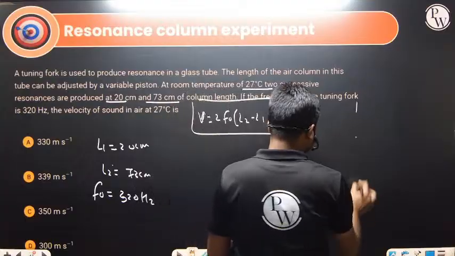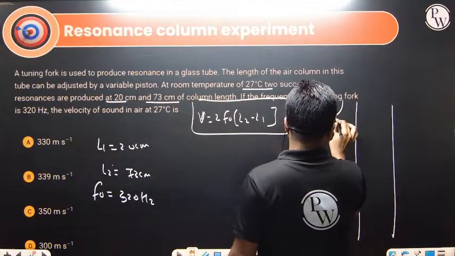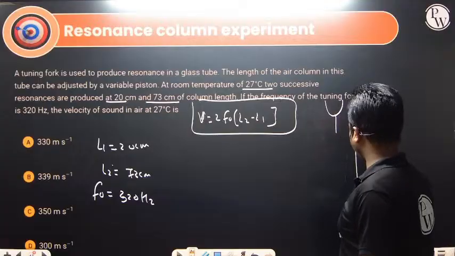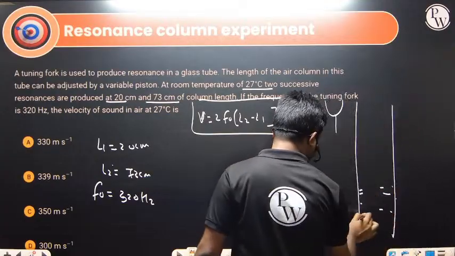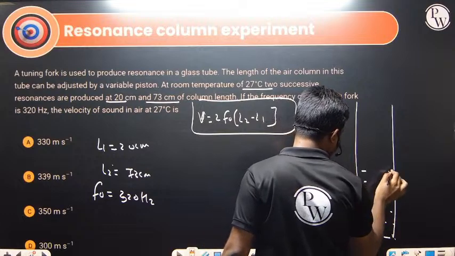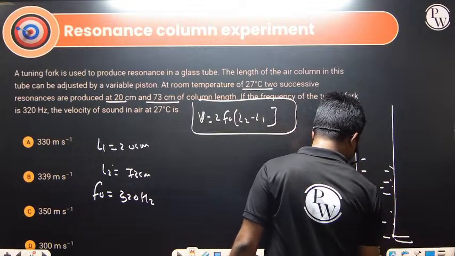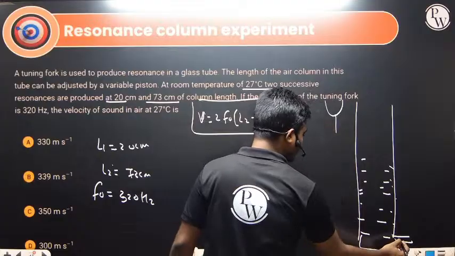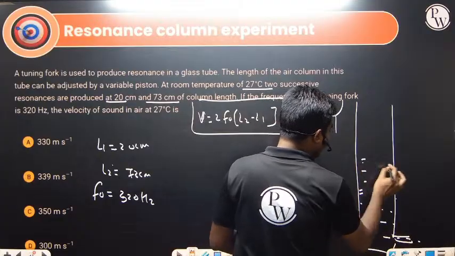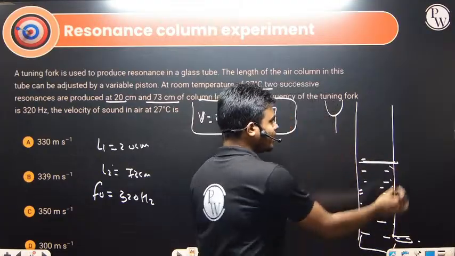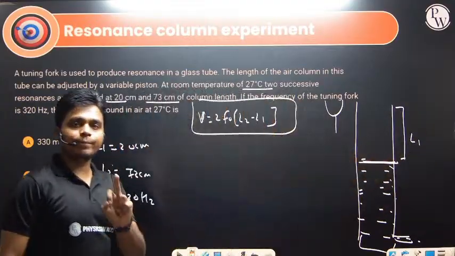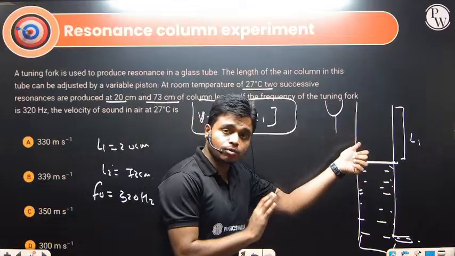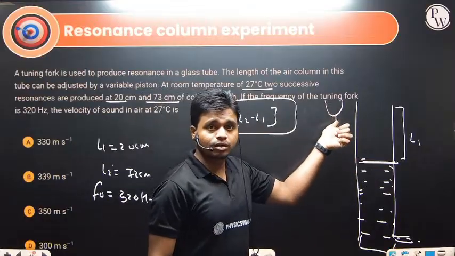If I talk about the process, there will be a resonance column experiment over here. There will be one tuning fork, and this side will have water. The role of the water is to make the tube closed. At first we get the first resonance at this particular point, where the air molecules oscillate in resonance with the vibration of the tuning fork.